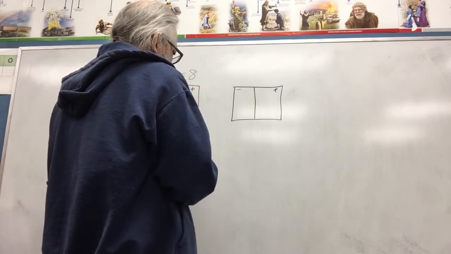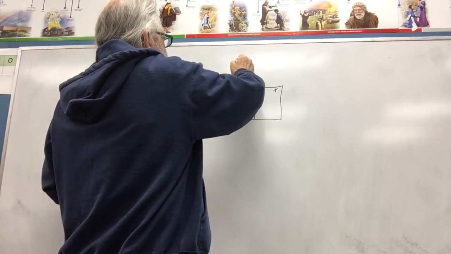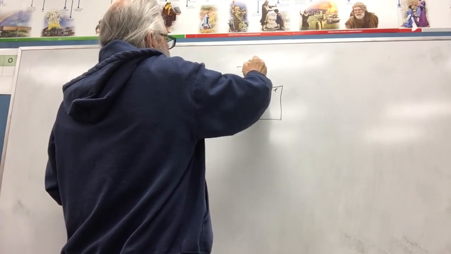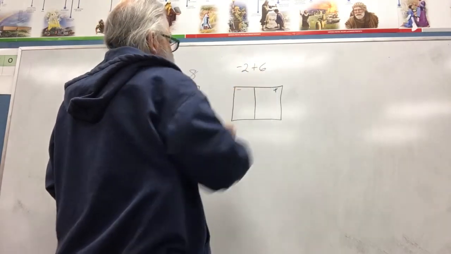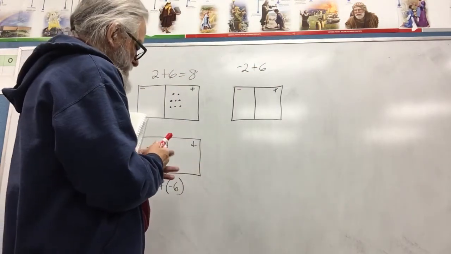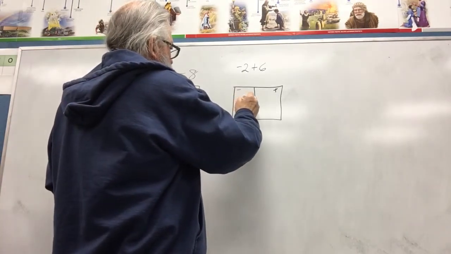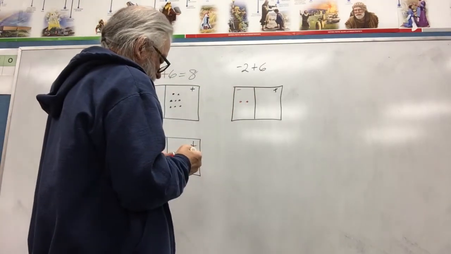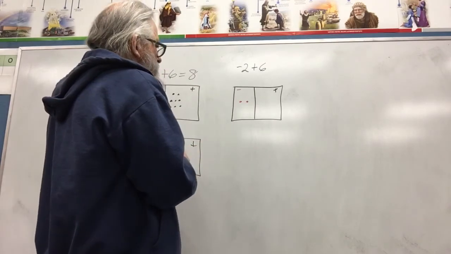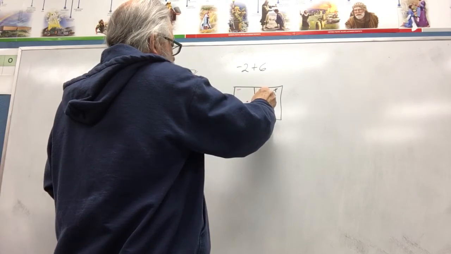And I want to do negative 2 plus 6. Okay? So we're going to start off with a negative 2, so we'll put 2 reds there. And then we'll add in here 6 positives.